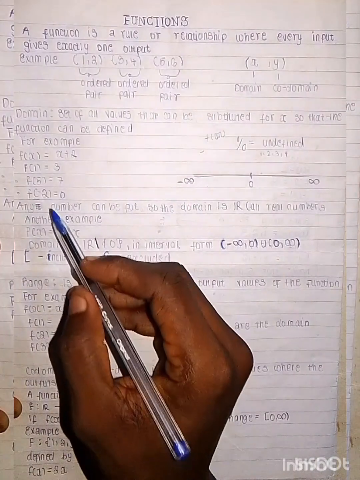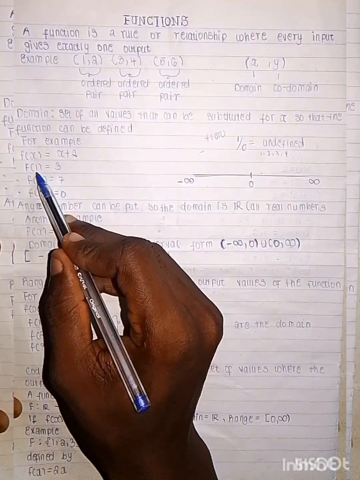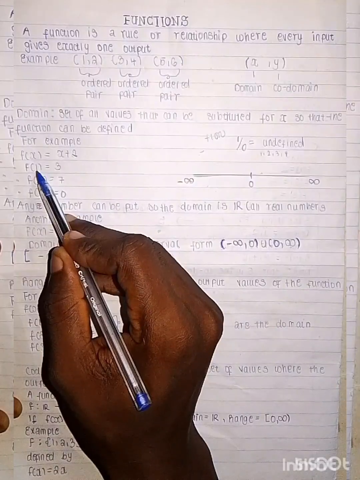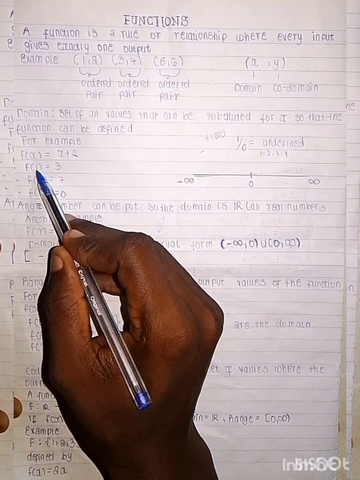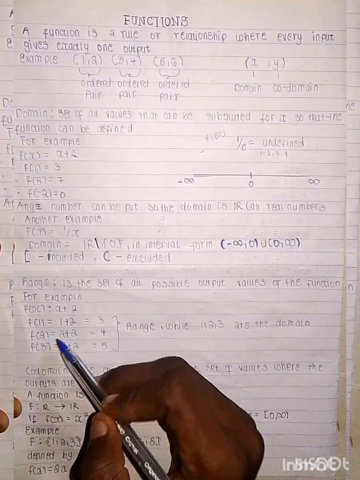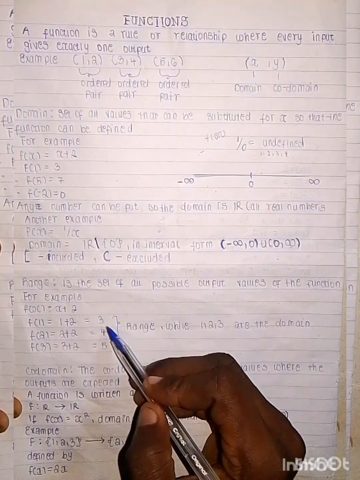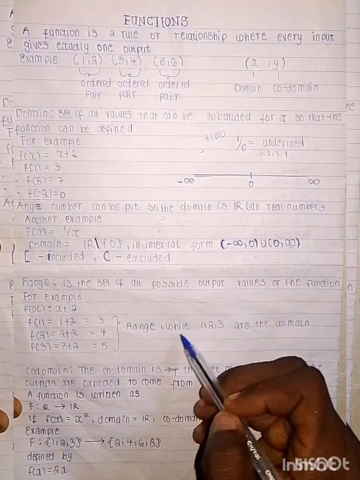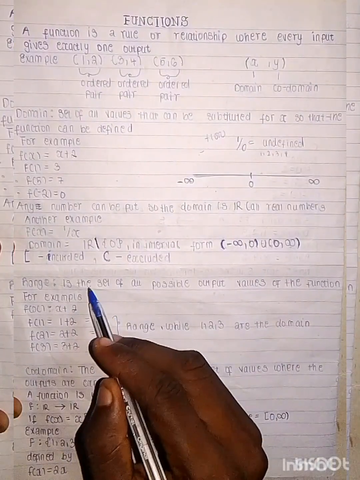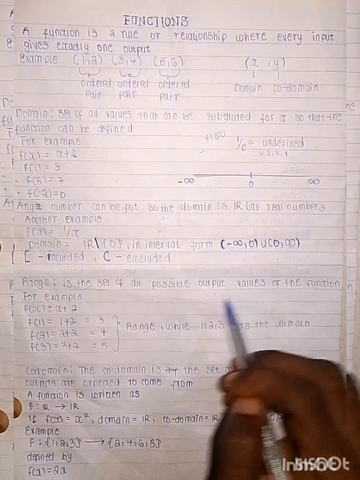We said earlier that the values we use to start the calculation is known as the domain, or the input. We have here 1, 2, 3 as a domain or input, and then now we have the values 3, 4, and 5. These 3, 4, and 5 are the range, while 1, 2, 3 are the domain. I said range is a set of all possible output values of the function.